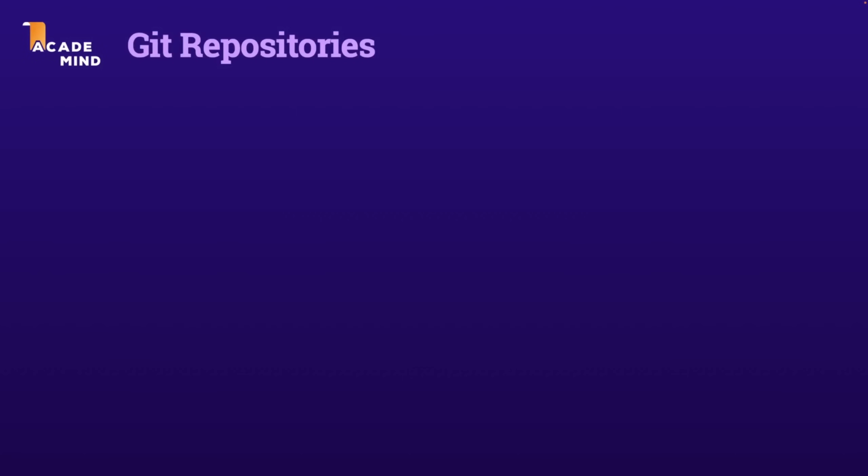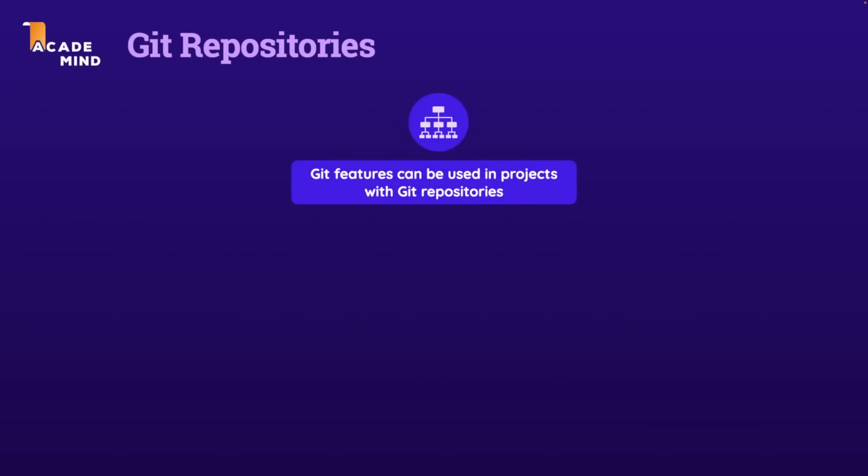When working with Git and when using Git for managing code, it all comes down to creating a Git repository initially. Because all these Git features and commands can only be used in projects that have a Git repository attached to them.